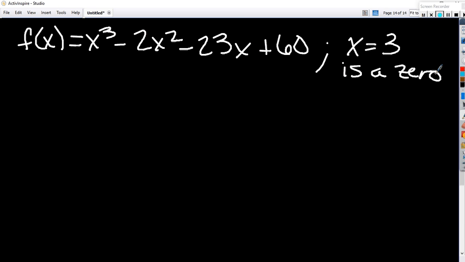What do you know? It's one of your answers, and if it's one of your answers, it's also a part of one of your what? Starts with an F. Factors, right? So tell me a factor. If you know that 3 is a 0, what do you know is a factor? x minus 3 must be a factor.